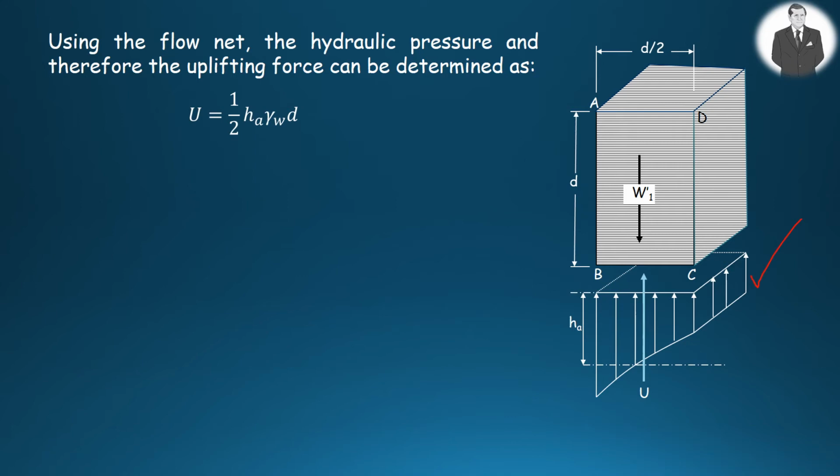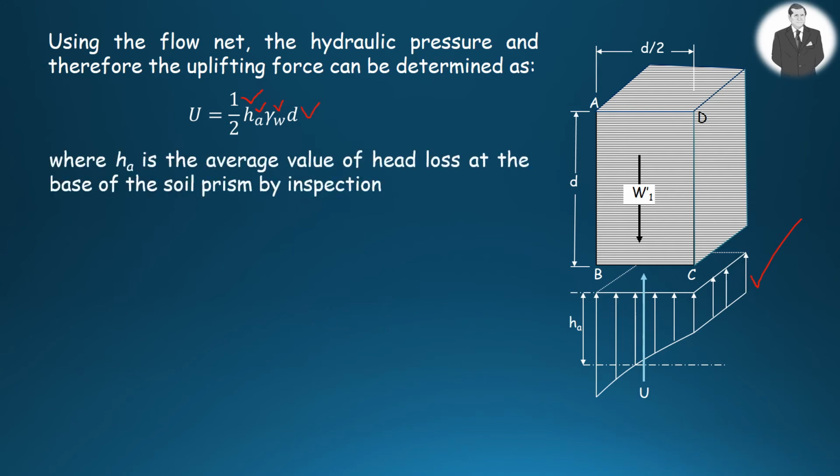After that, the uplift force can be figured out as 1 over 2 times h_a times the unit weight of water times the thickness of the soil prism. In this equation, h_a is the average value of head loss at the base of the soil prism, and this can be done by inspection as shown here.